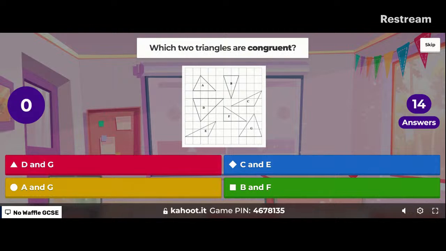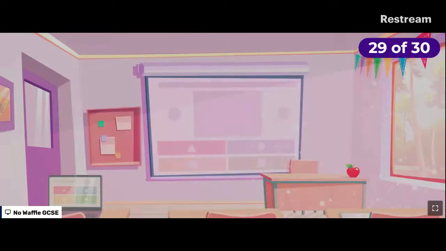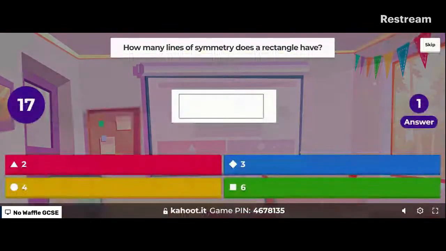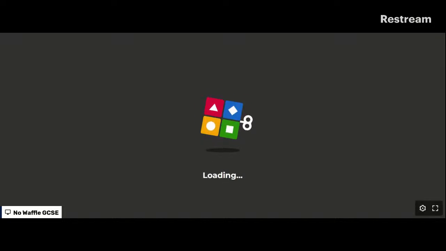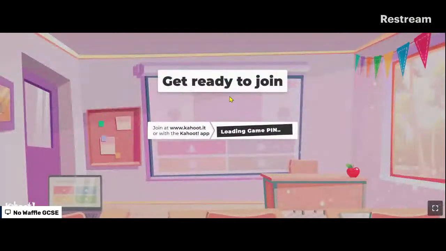Why? There's not that many Kahoots for GCSE maths, it seems. Okay, found another one. For everybody who is waiting to join a game, you can join this new Kahoot. I will share the pin in the chat so you can easily just press it.